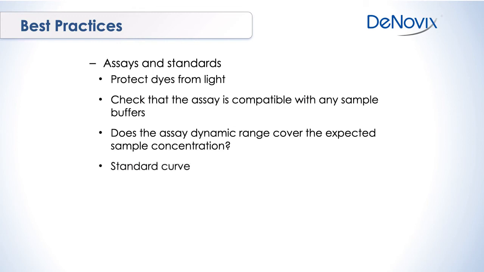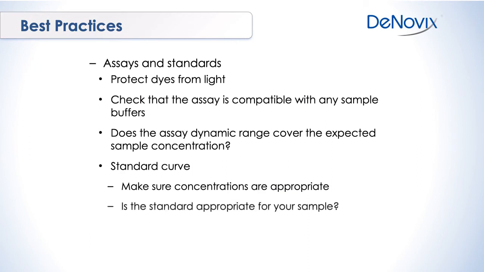As these are indirect measurements, as in we're binding this fluorophore to our analyte of interest, we need to create a standard curve. Now, most assays come with a standard curve that they recommend, and some either DNA or RNA or protein standard to make up that standard curve. You've got to make sure that those concentrations are appropriate for your sample, but perhaps more importantly, is the source of that standard appropriate for your sample?